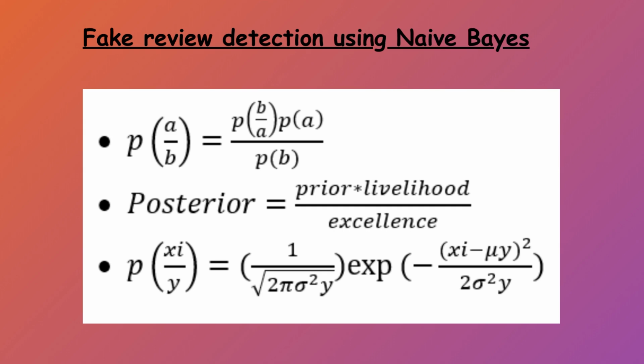Likelihood probability means probability of evidence given that the hypothesis is true. In these three formulas, A, B, Xi, Y are the values which are used to calculate the probability. Sigma is the standard deviation, whereas mu is the mean of the attributes.